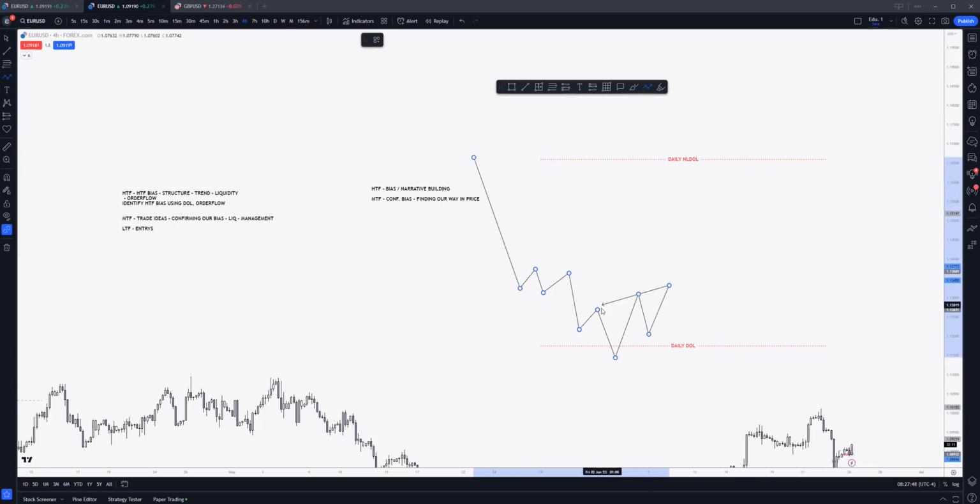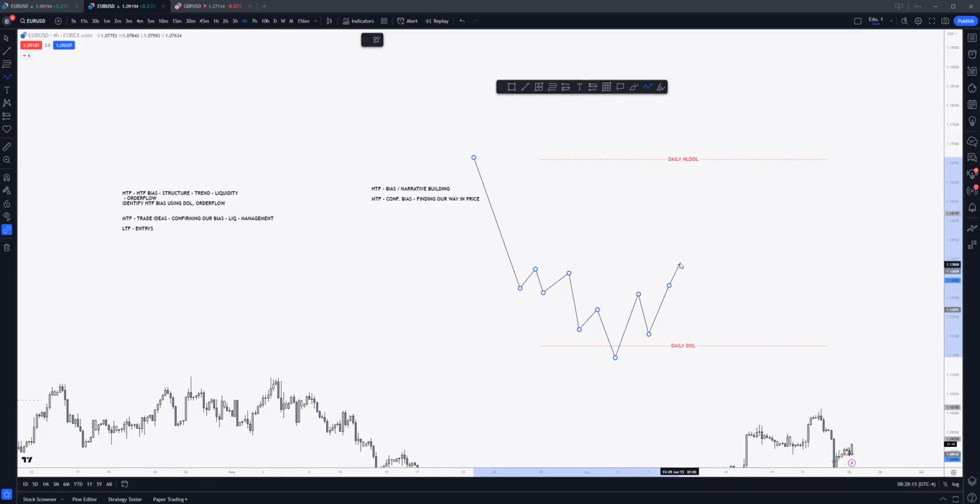So for example, we've broken up. Now we understand on the 4 hour that because we've broken up, we're now engaged with this bullish bias on the daily. Now we have to understand where's imbalance on the medium time frame, where is liquidity residing on the medium time frame, and what would the journey look like in order to get to this point, right?